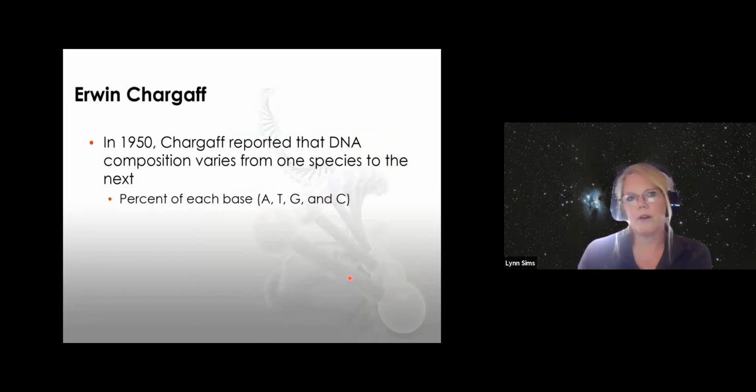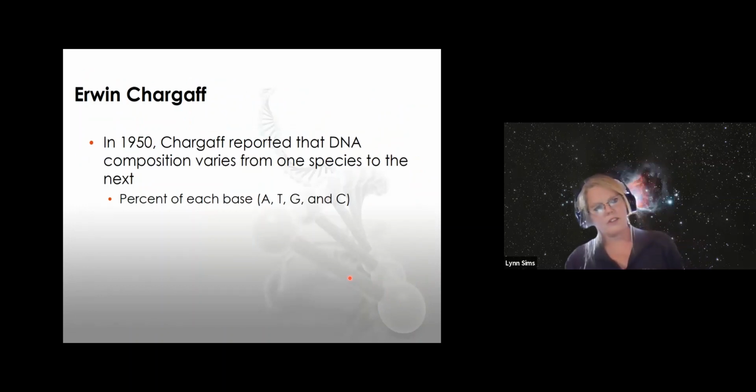Now, Erwin Chargaff was a scientist that didn't really contribute to DNA being the transforming material. However, he did contribute some important information about DNA. And this is important information that you should remember from chapter 5. It's related to the bases and which ones match up with each other, hydrogen bond with each other.